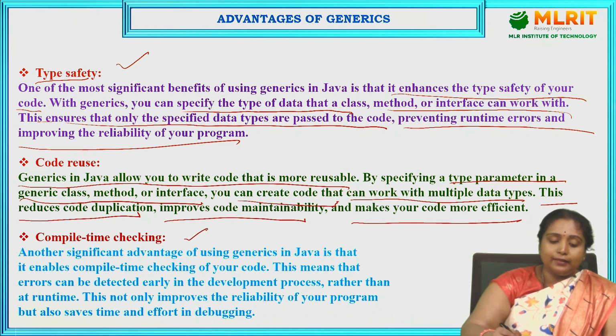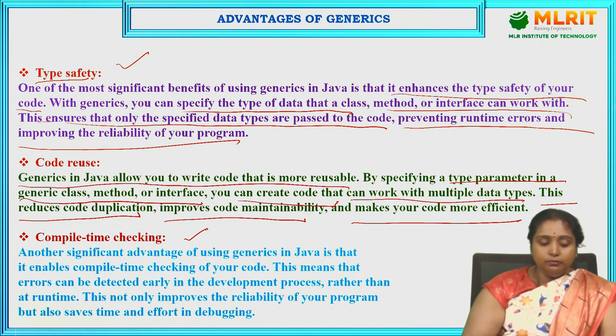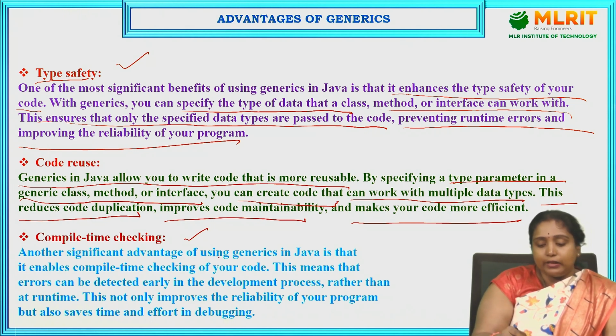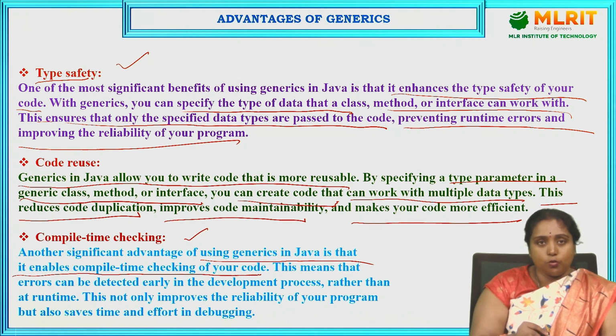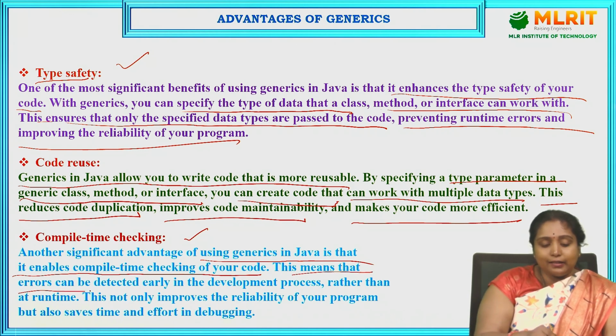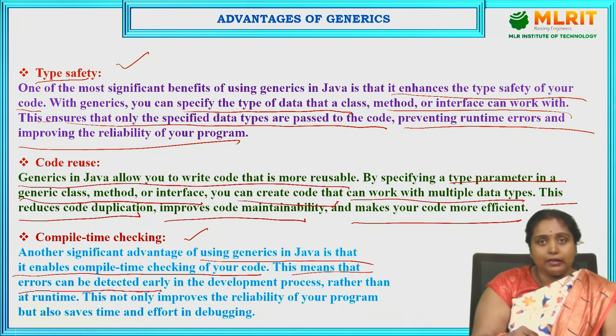And the third one is compile time checking. Instead of runtime checking, at the time of compilation itself you can check the code, which might save you time and effort. Another significant advantage of using generics in Java is that it enables compile time checking of your code, which means that errors are detected early in the development stage rather than at runtime.